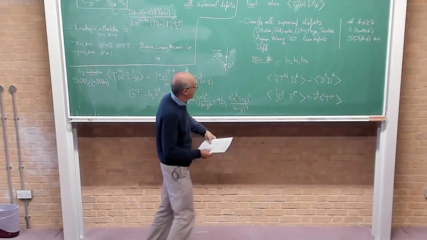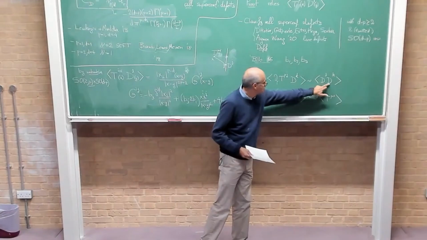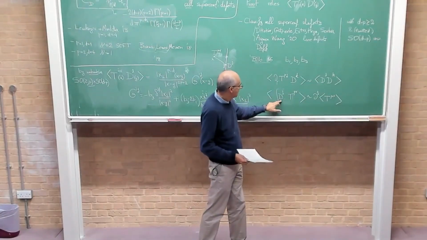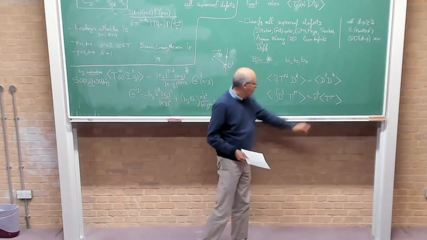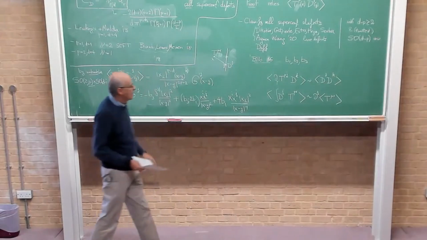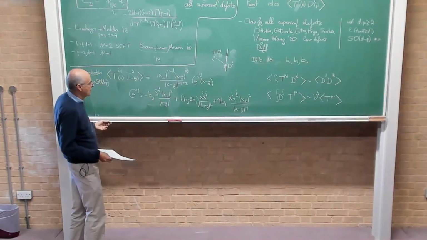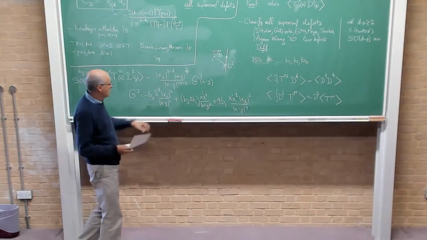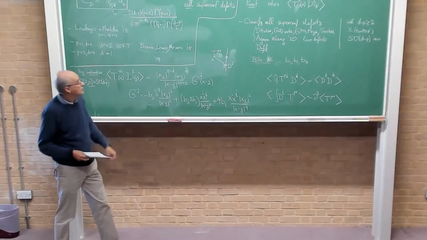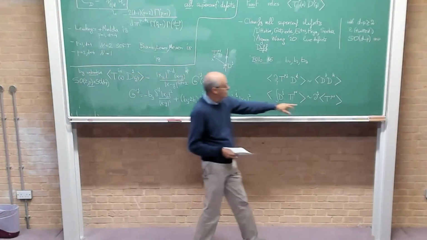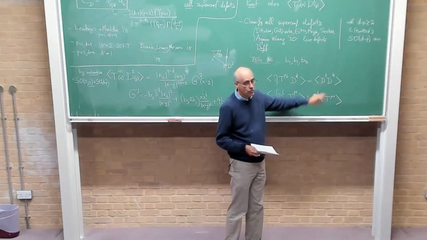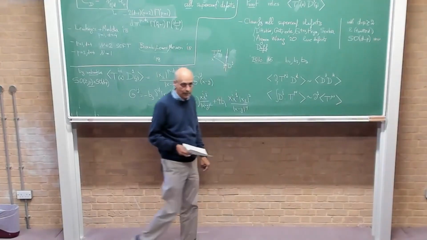So schematically, TD is related to DD, and DT is related to the one-point function of T. By using these Ward identities, you can fix completely B1, B2, and B3 in terms of the one-point function of the energy momentum tensor and the two-point function of the displacement.